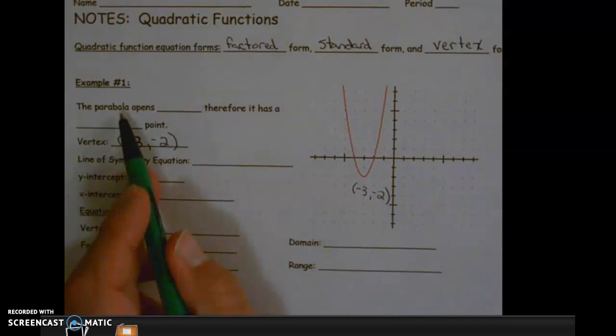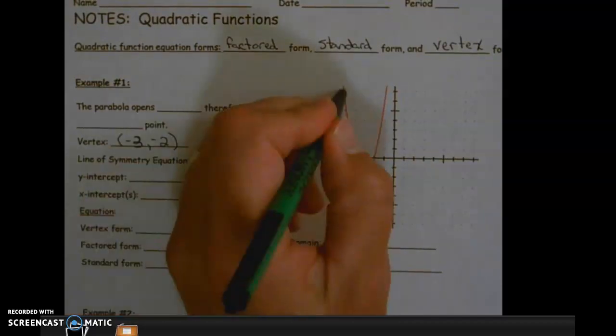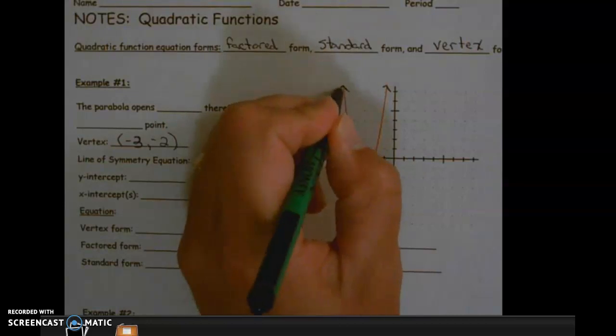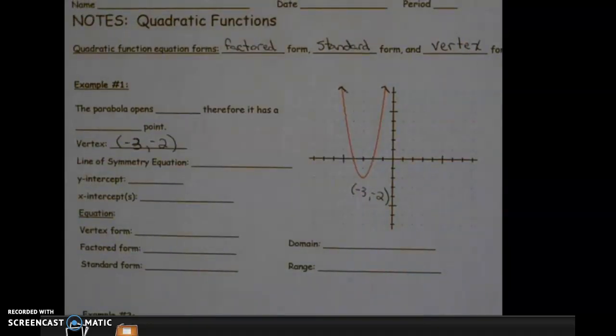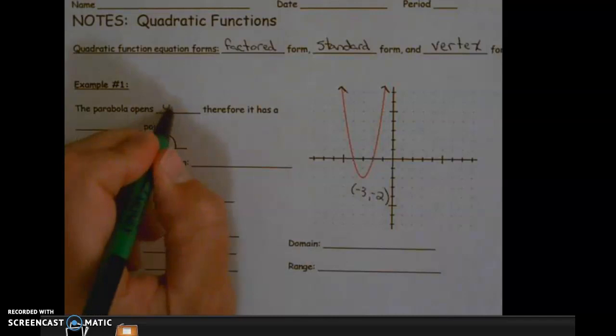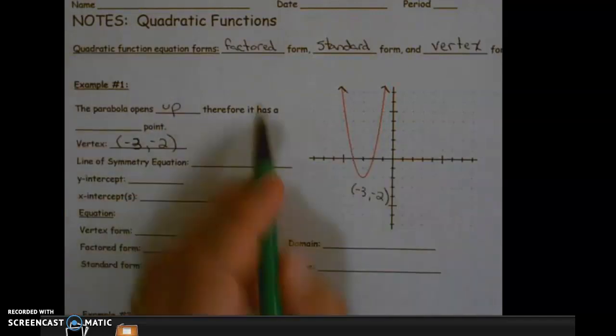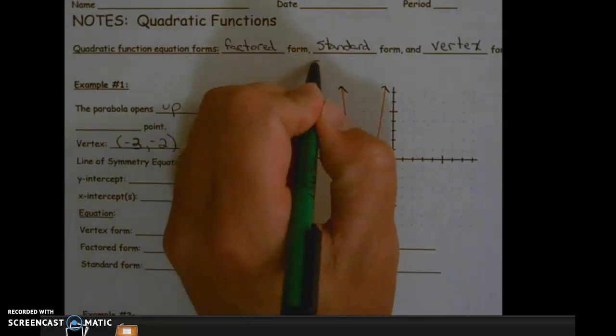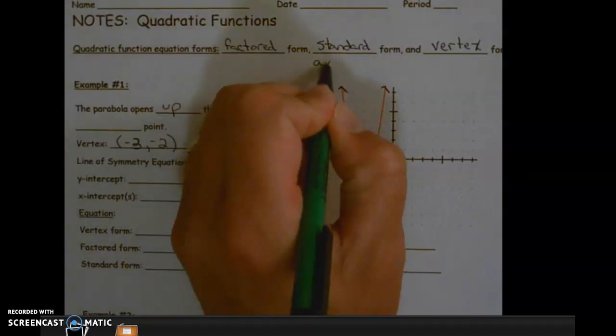So first of all, this parabola is opening up. If we put arrows on the ends here, the arrows tell us which direction this parabola is opening. It's opening up. Therefore, the a value, now remember the a value in standard form, that's the leading coefficient.